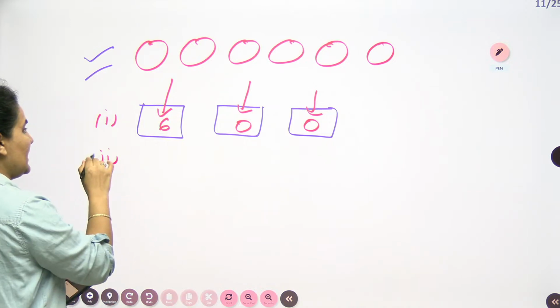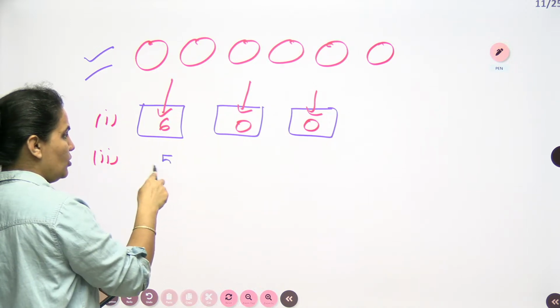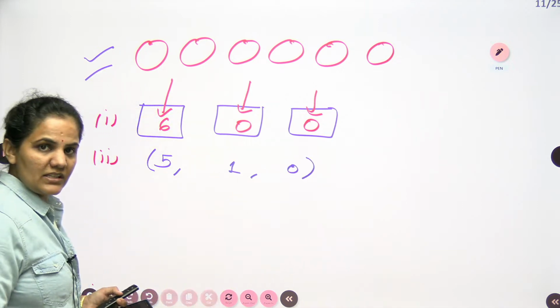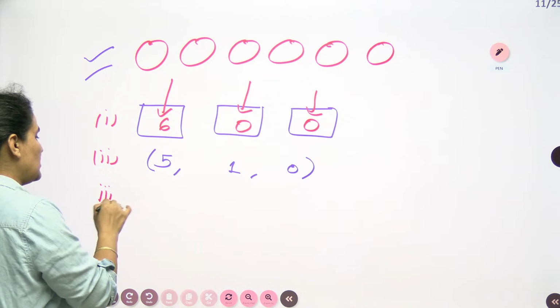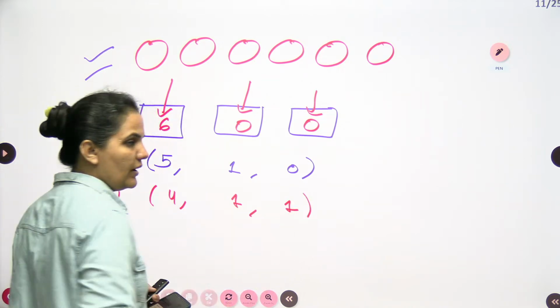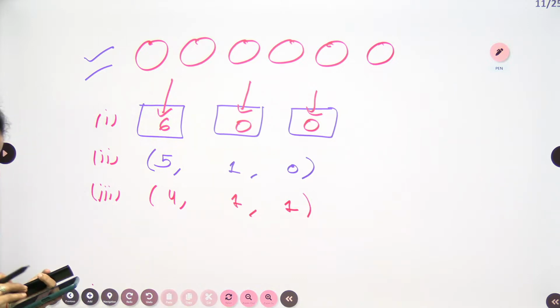In the second case, suppose here I go with 5, here 1 and then 0. Or it is possible to go with 4, 1, 1. This is also possible, because ultimately we have 3 boxes and 6 balls.